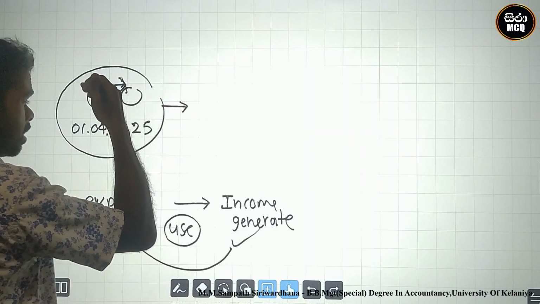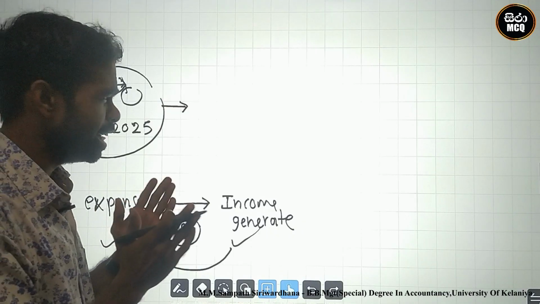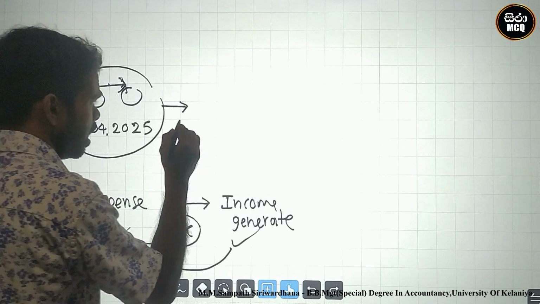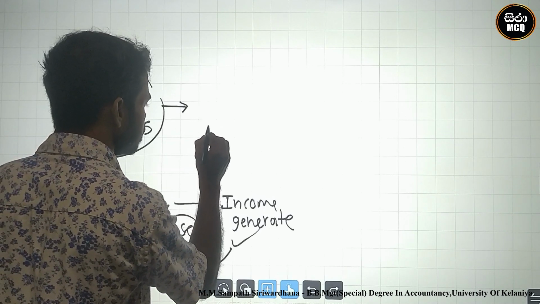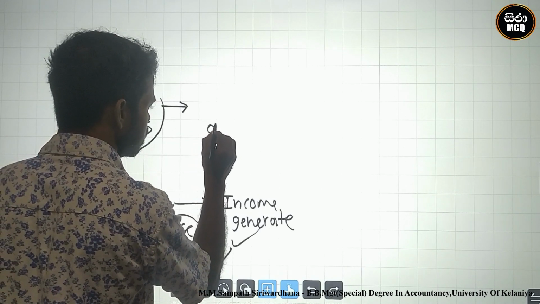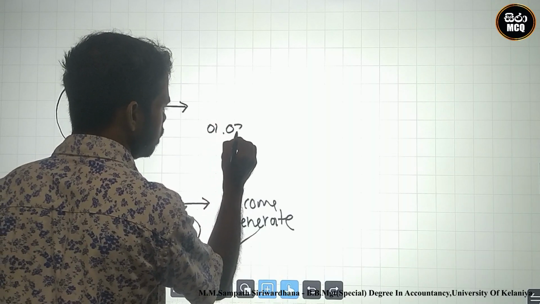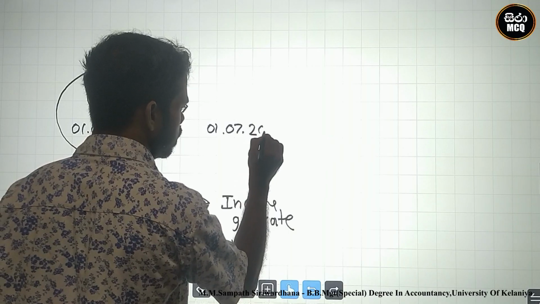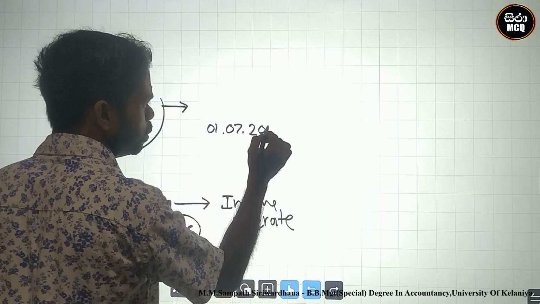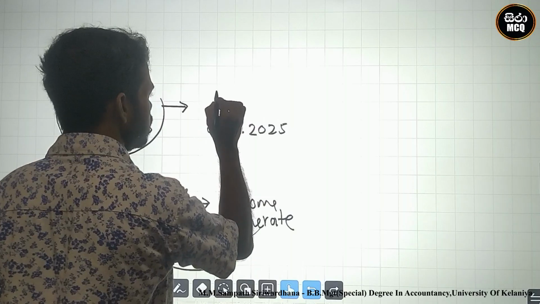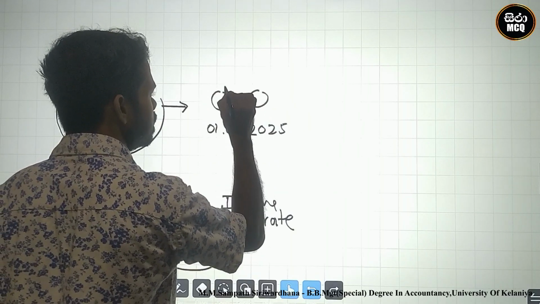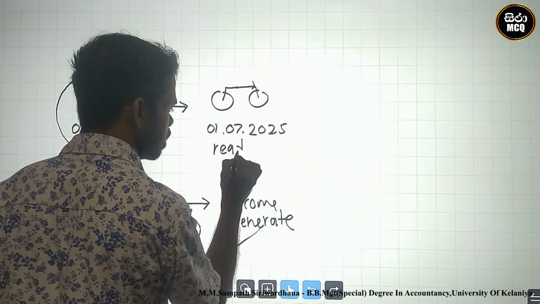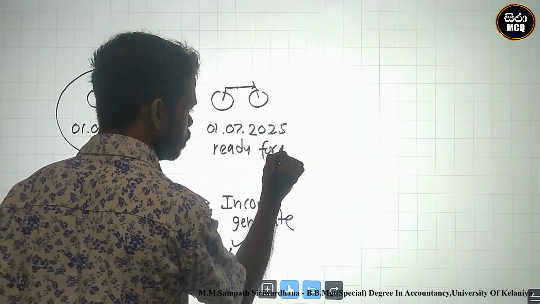There is a huge cost to bring it to usable condition, so I incurred some cost and prepared it. On 1st July 2025 it was in the best usable condition. This is ready for use.